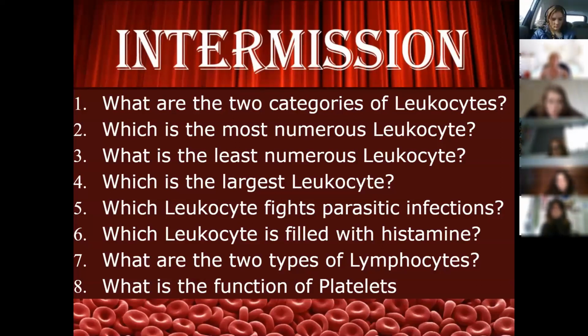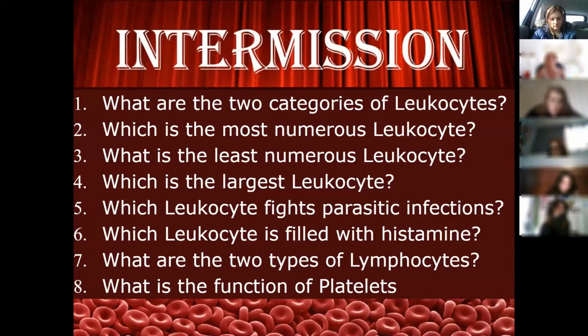So a few minutes, what are the two categories? Not types of individual cells, but categories. They fit into one or the other. What are the two categories? Things I'll ask you on a quiz. Which one's most numerous? Which one's least numerous? Which one's biggest? This is part of what they do.